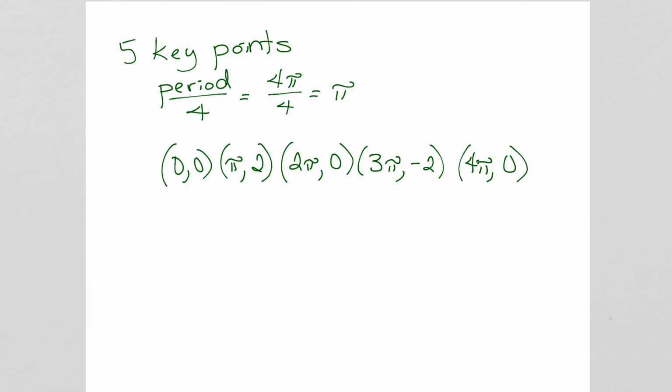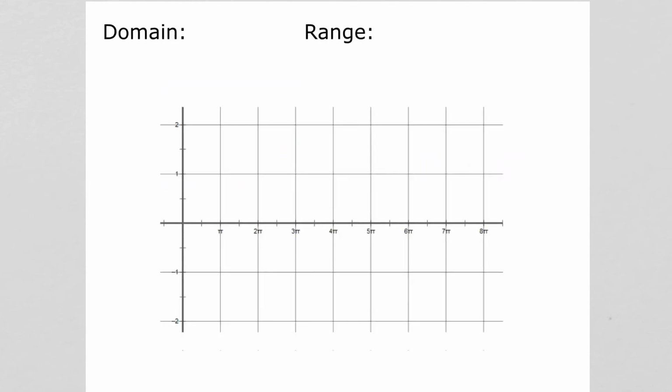So let's plot these 5 points. 0, 0, pi, 2, 2 pi, 0, 3 pi, -2, and 4 pi, 0. So there is one period of 2 sine of 1/2 x.